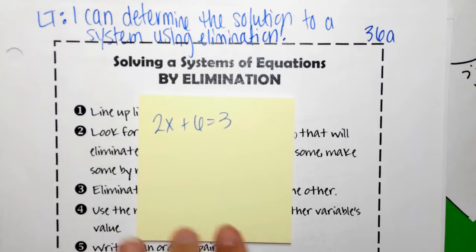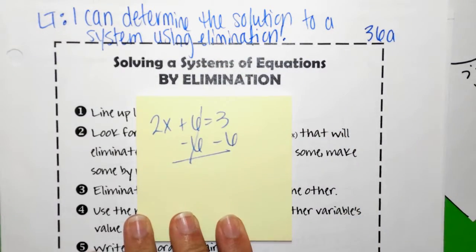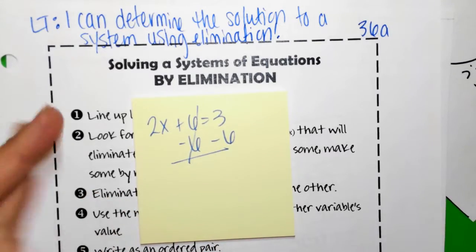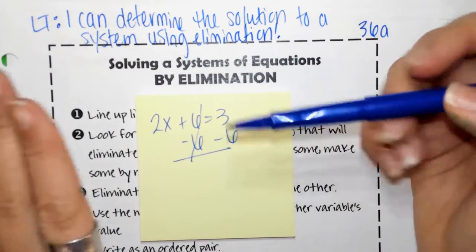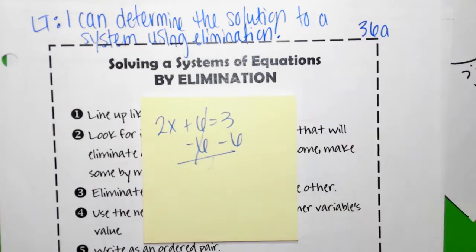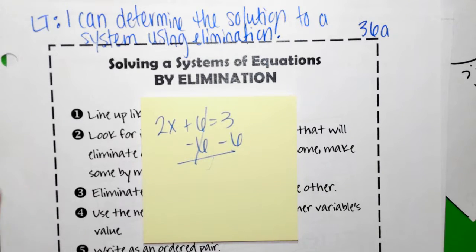I subtract it. So it'd be -3. And that eliminates that 6. So what we're trying to do today is get a variable where we have opposite signs and the same number so that we can eliminate the variable. This is probably the easiest of the 3 ways to solve a system of equations.